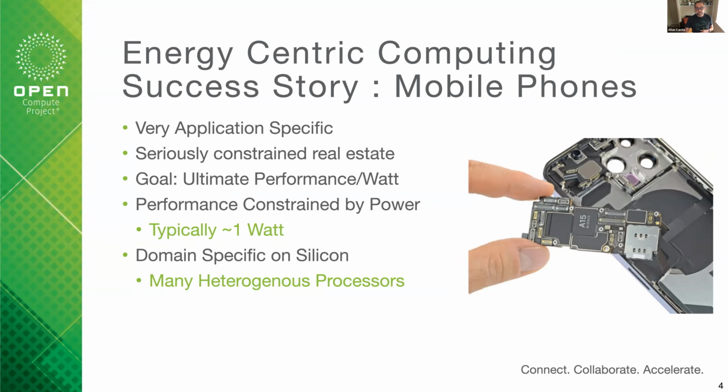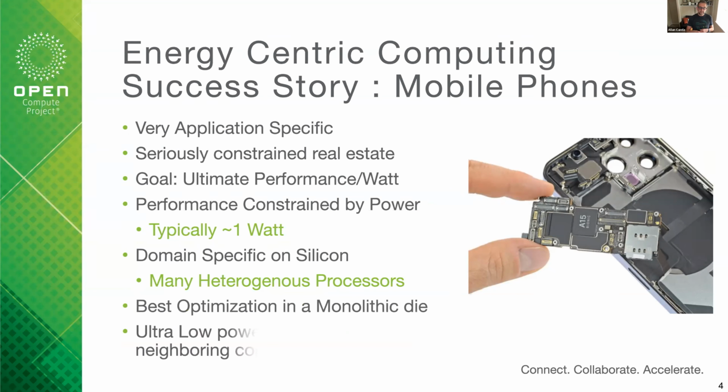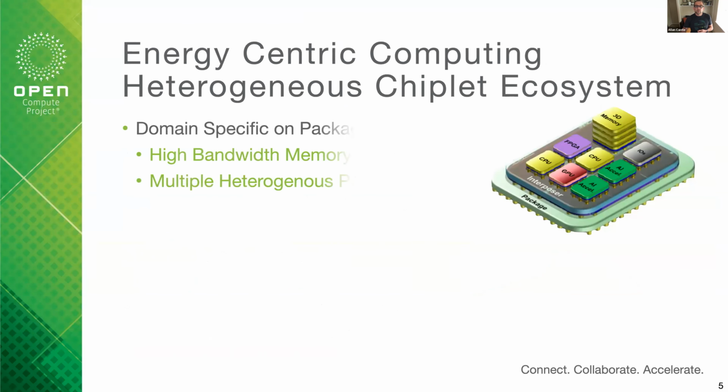It's an amazing feat, but basically this is the best optimization in a monolithic die. And they even have very ultra low power interfaces to the very few neighboring components. So that's what you can do when you've got something in the mobile world and you've got the volumes to drive it.